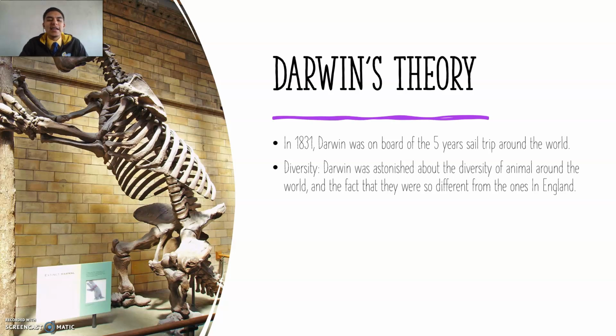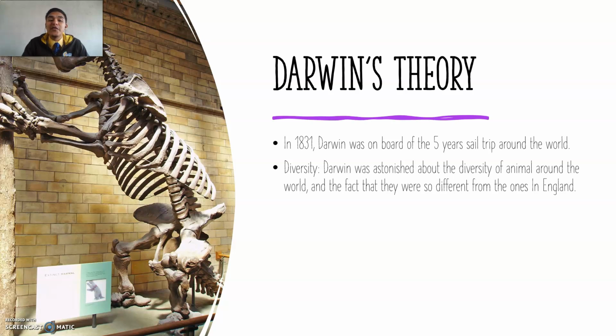the ones in England. So Darwin comes from England, but you know that depending on what region of the world you are, you are going to find several species. For example, if we talk about a native species in Guatemala, we can talk about the quetzal.